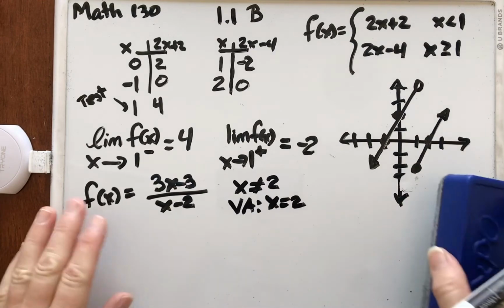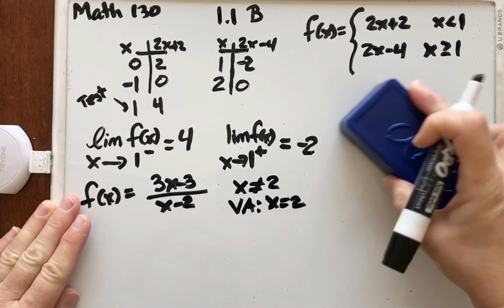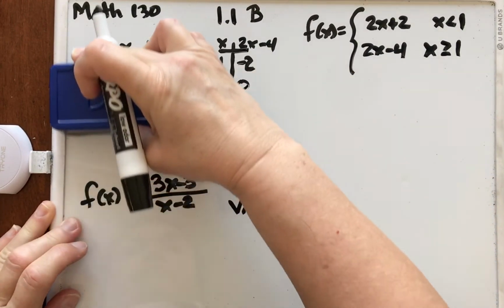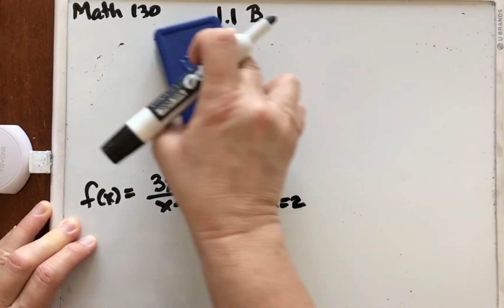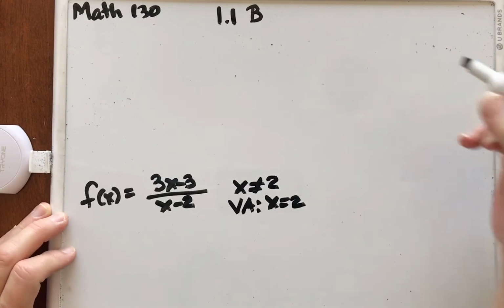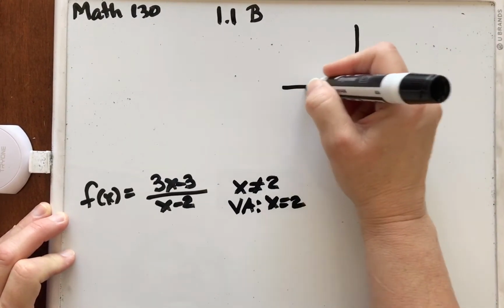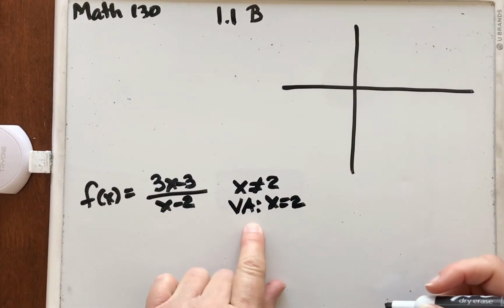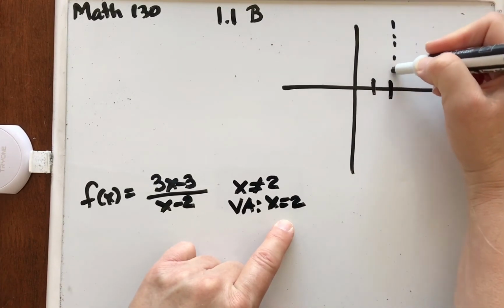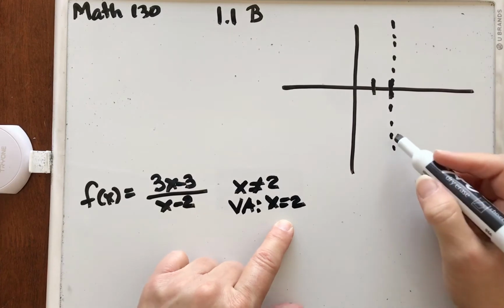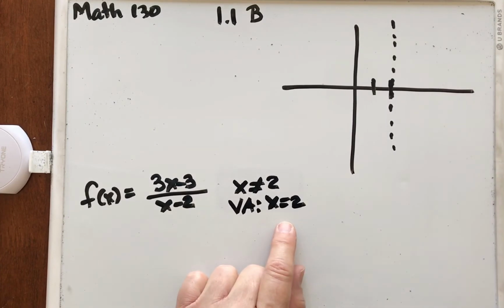I'm going to erase this graph now and make a new one. We just said the vertical asymptote is at 2. So there's 2. I'm going to make a vertical asymptote, and that is the equation x equals 2.